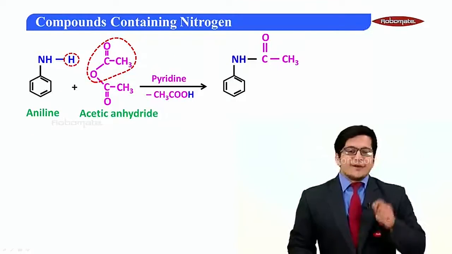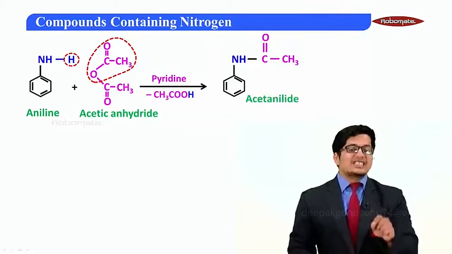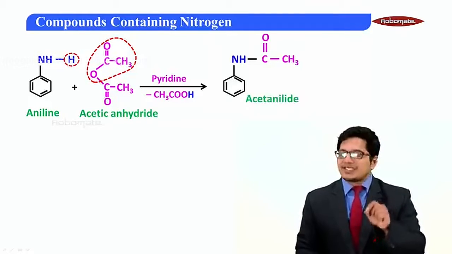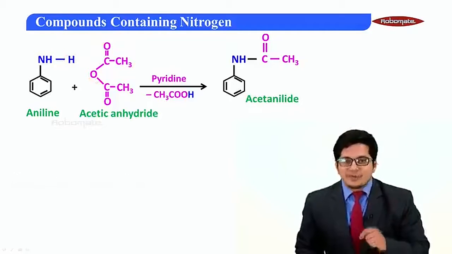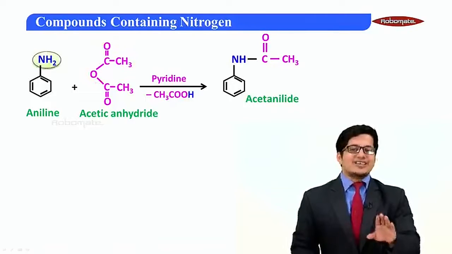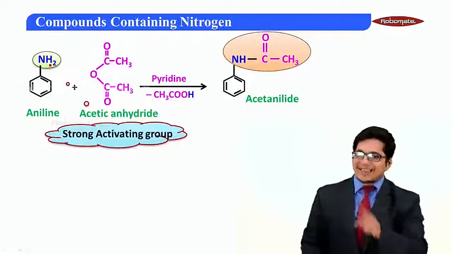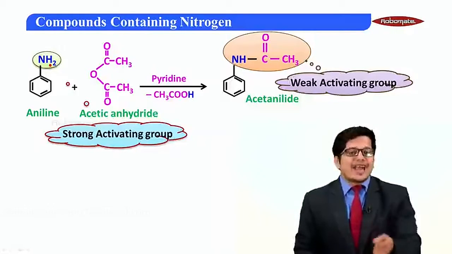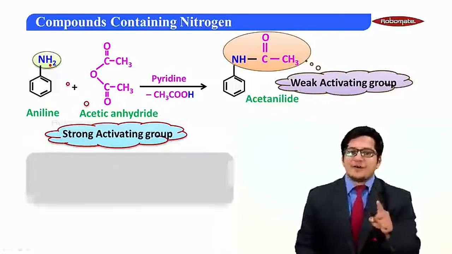The entire group, the NHCOCH3 group in this acetanilide compound, is an activating group, but it is not a strongly activating group like NH2, and thus whenever we have a weak activating group, it would only prefer monobromination.